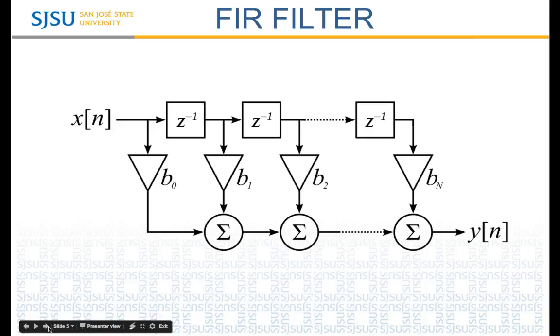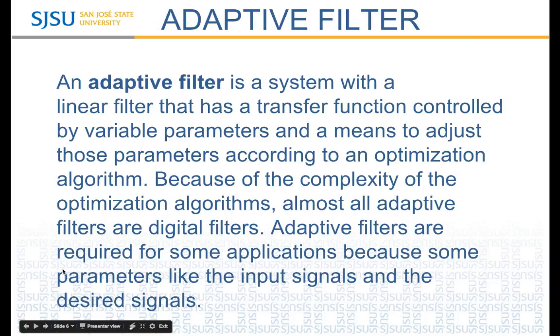So now we'll move to the next slide that gives an introduction to adaptive filter. An adaptive filter is a system with a linear filter that has a transfer function controlled by various parameters, and means to adjust those parameters according to an optimization algorithm. So basically, an adaptive filter uses an adaptive algorithm that changes the weights of the filter according to the requirements, and hence it helps in reducing the noise as well as the error signal.